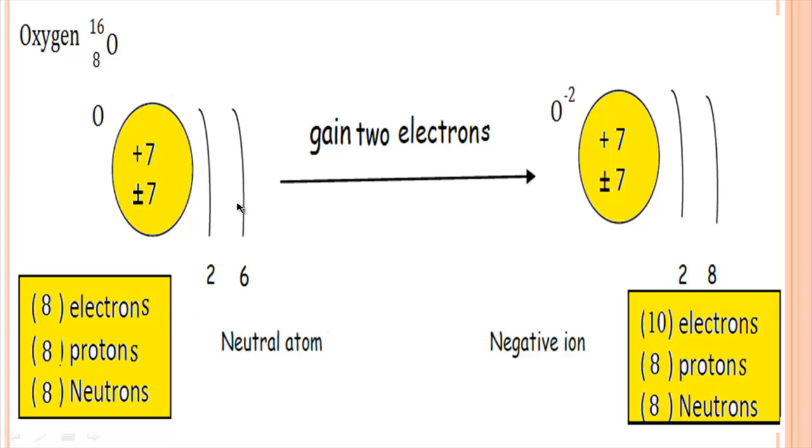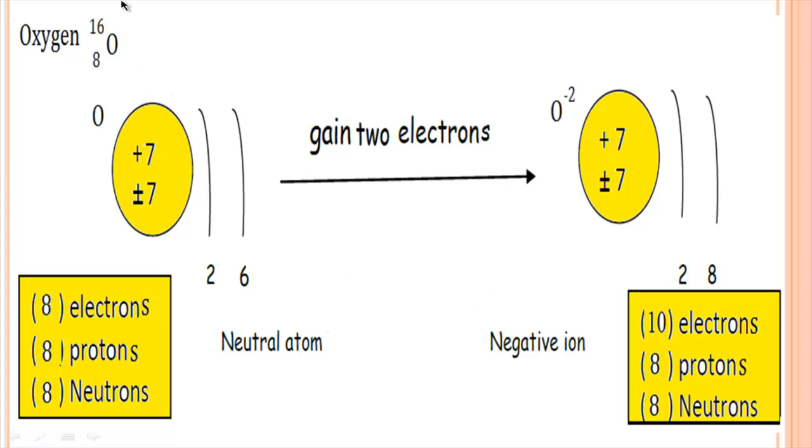The electronic configuration will be: we will distribute the 8 electrons. The first energy level is saturated by 2 electrons, and the second one, L, with 6. 2 plus 6 equals 8.